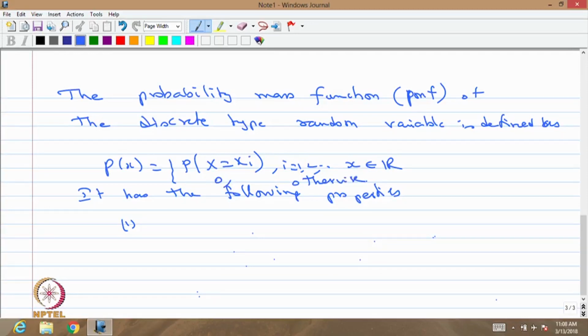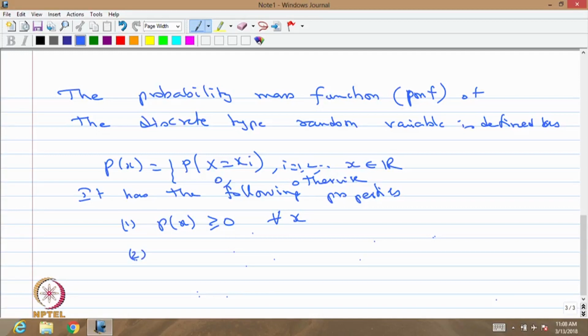This is the way the P of x is defined. The P of x is always going to be greater than or equal to 0 for all x. That means wherever there is a jump value, that value is going to be strictly greater than 0. Wherever there is no jump, the P of x is going to be 0.